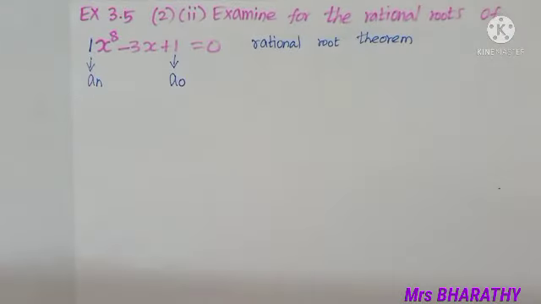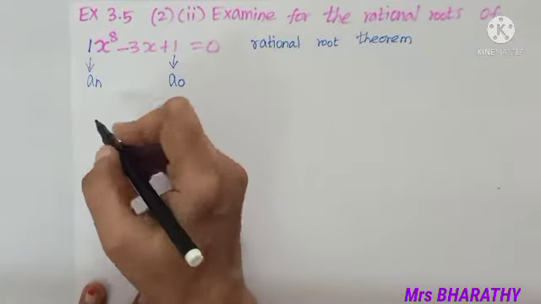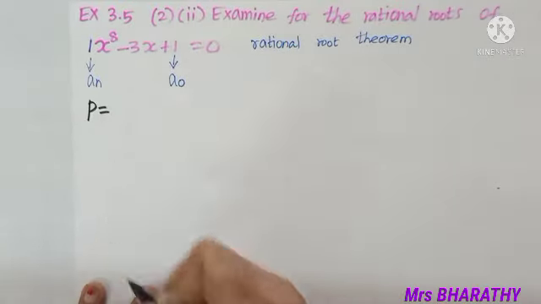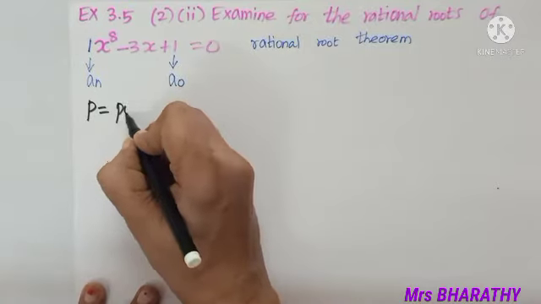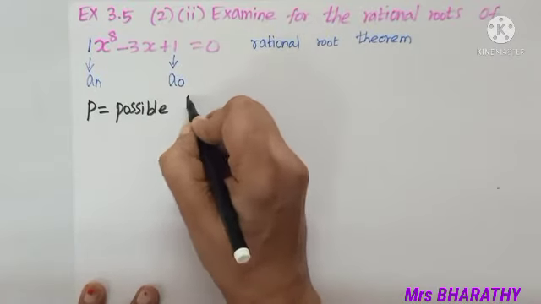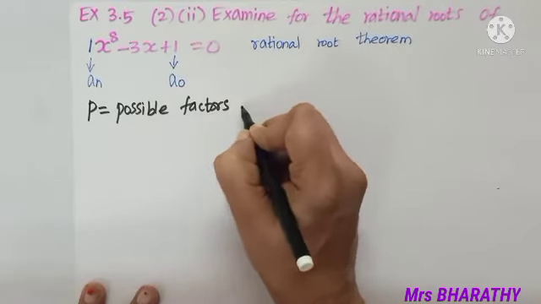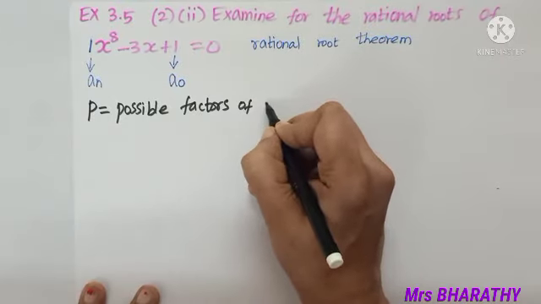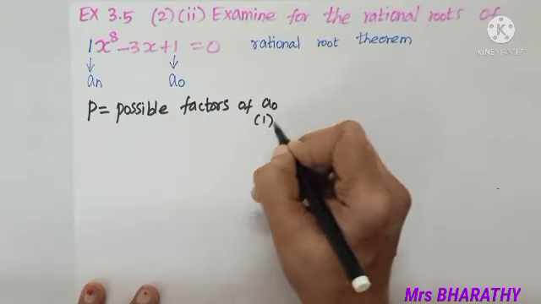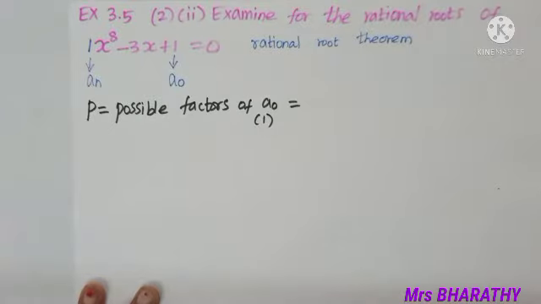Now we need to write the possible factors of a0 and an, call them p and q. So what is p? The possible factors of a0. Here a0 is 1. So what are the possible factors of 1? It is plus or minus 1.